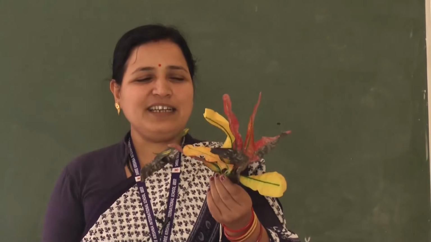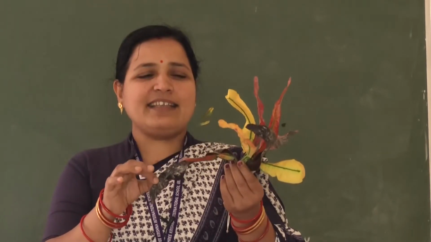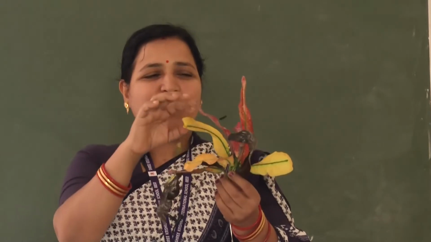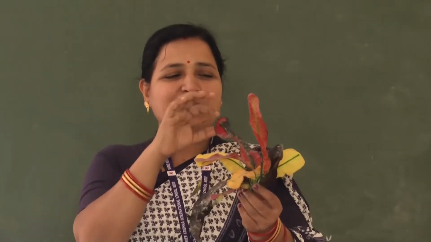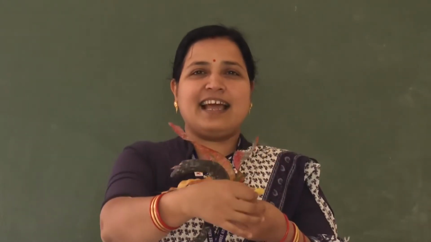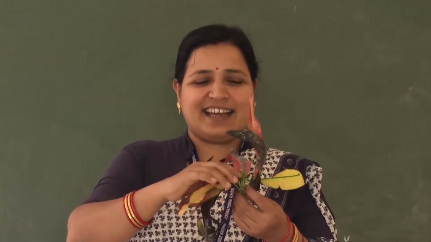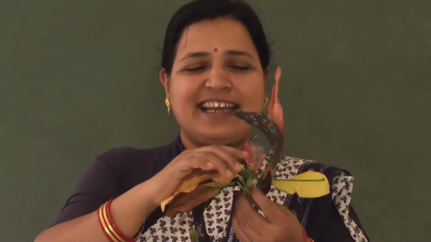You can count it. Yes, 1, 2, 3, 4, 5, 6, 7, 8, 9, and another small one is there. How many leaves are there? 10 leaves. One thing I will say to you, you see 10 leaves in this branch.